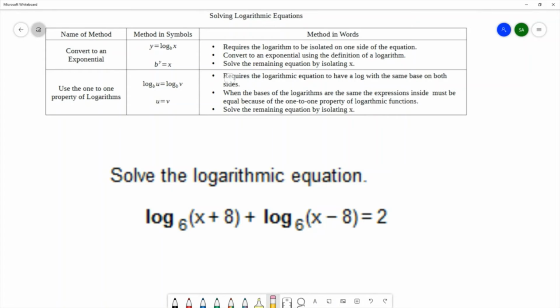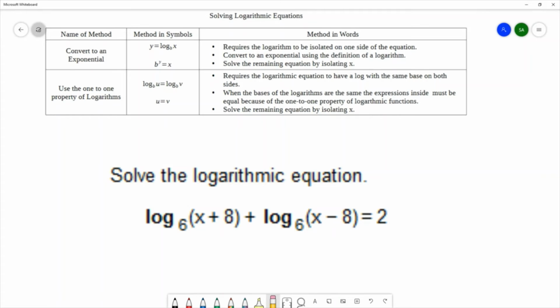The other method requires that you have logs on both sides of the equation that have the same base, and we don't have that either because on the other side of the equation we don't have a log. However, it's going to make more sense for us to use the first method, even though we don't have a single log isolated.